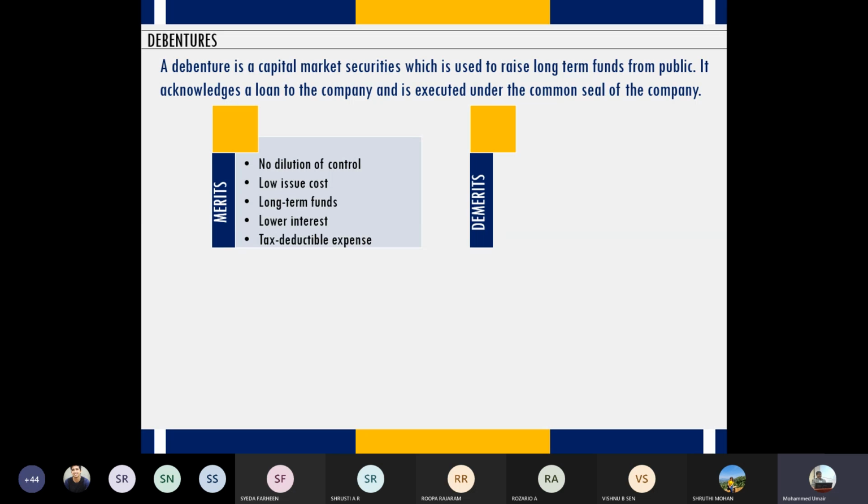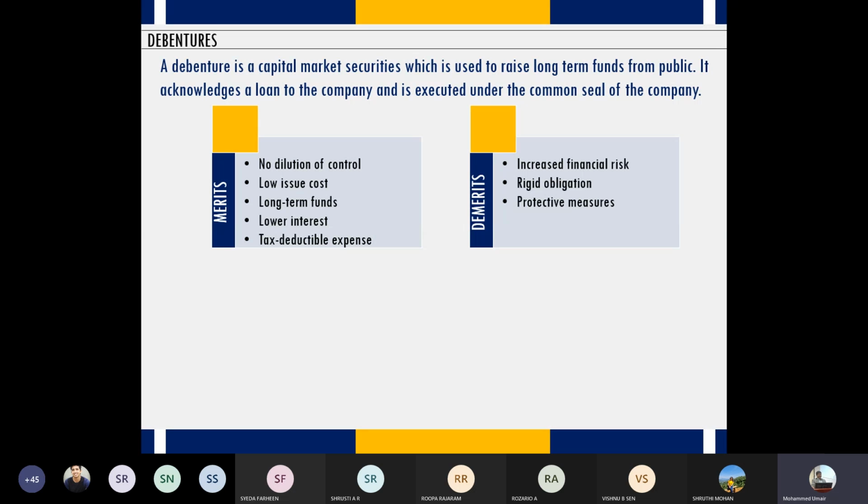Even though debentures serve as a very economical source of funding on account of lesser rate of interest, tax deduction, and no fixed charges, certain advantages are there, but what are the disadvantages?